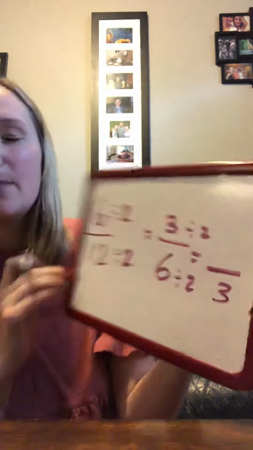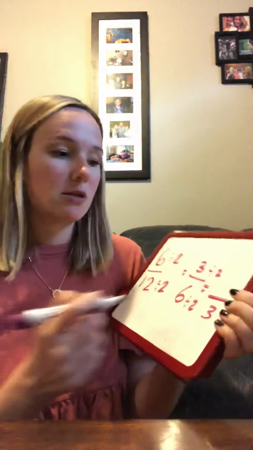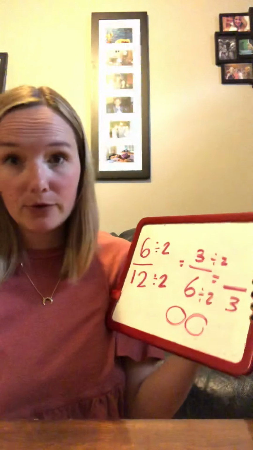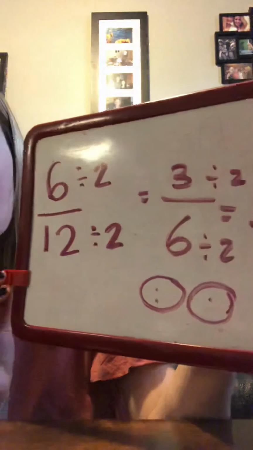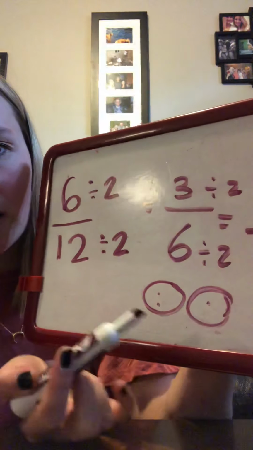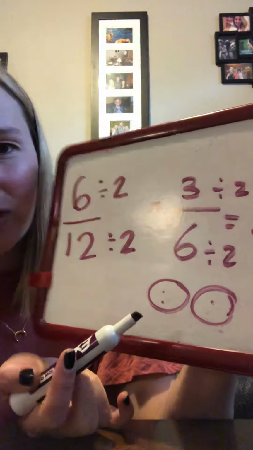So I'm going to try dividing the top number and the bottom number by 2. So I know that 6 divided by 2 is 3, so my new denominator would already be 3. But I don't know what 3 divided by 2 is. So I have 2 circles, and I have 3, and I have to get rid of them. So 1, 2, 3. But this doesn't work because I've only got 1 here, and I've got 2 here. So 3 divided by 2 actually doesn't work.